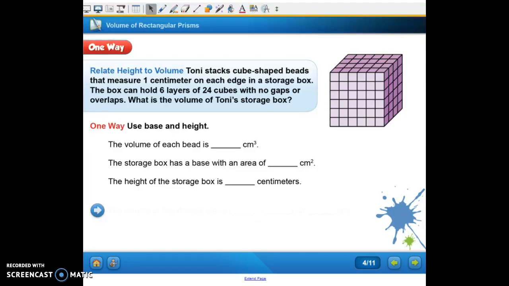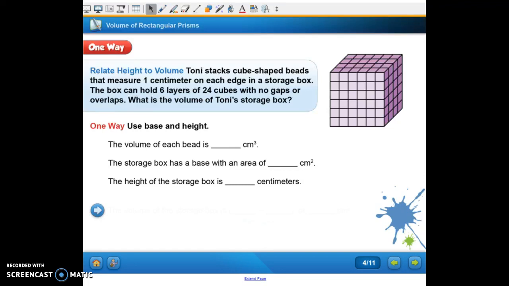The box can hold 6 layers of 24 cubes with no gaps or overlaps. What is the volume of Tony's storage box? What is the dimension of the box? It can hold 1 centimeter each. The box can hold 6 layers of 24 cubes.